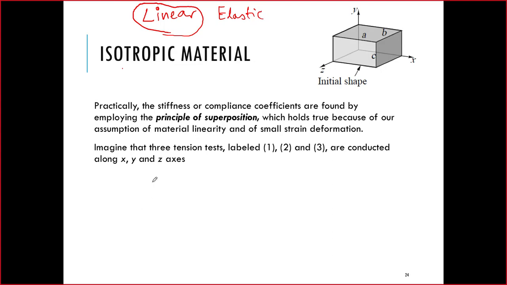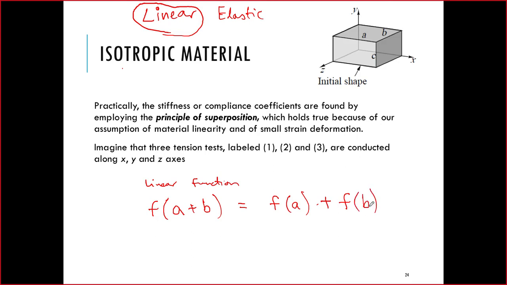That is, if I have a linear function, let's say f, then the output for the sum of two inputs, f(a+b), is actually equal to the output from input a plus the output from b.